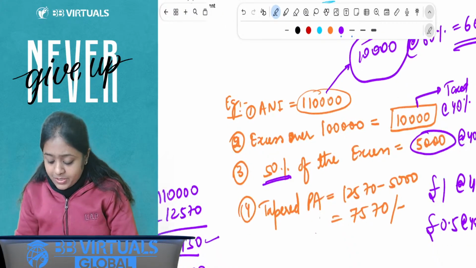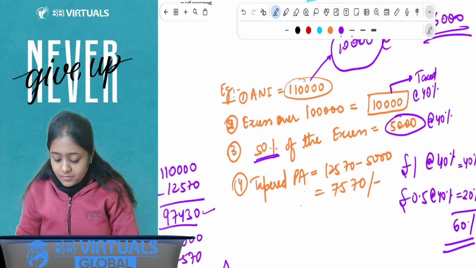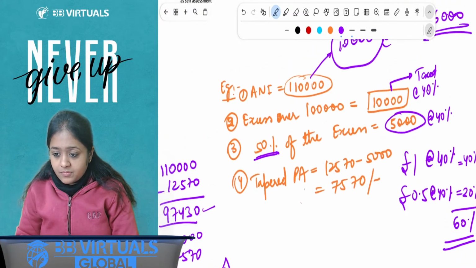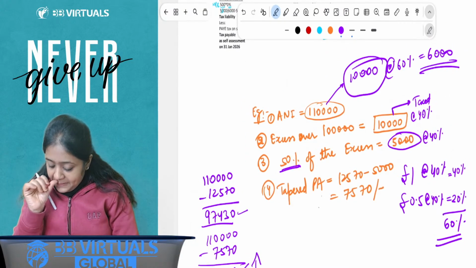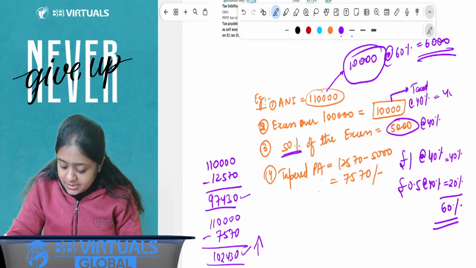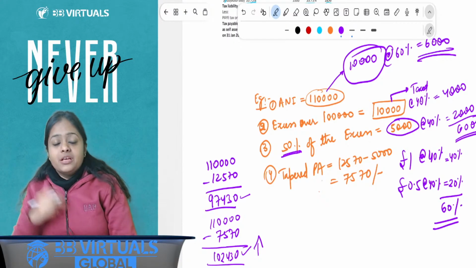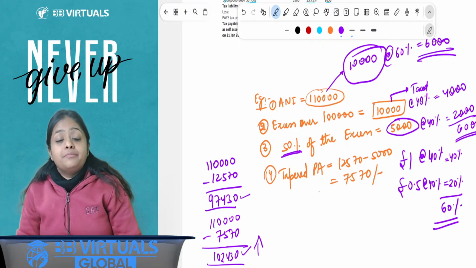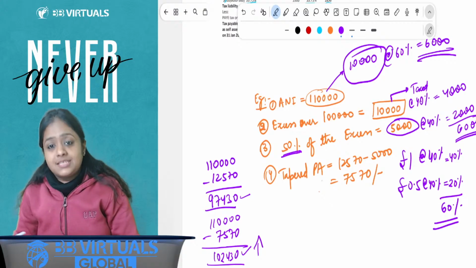How? Let's prove it, guys. Can you see here? I just showed you here. You all agree. 10,000 into 40% is 4,000. 5,000 into 40% is 2,000. Total 6,000. So hence we can prove that the marginal tax rate when your PA gets tapered is effectively 60%.